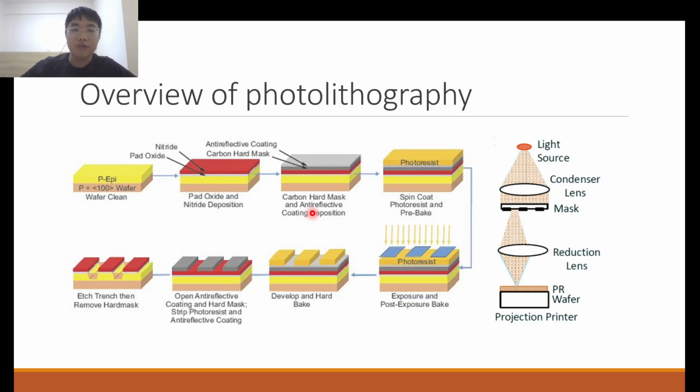Let's go into an overview of photolithography. So as I mentioned, photolithography is a way to achieve patterning in semiconductor device fabrication. Normally, certain layers are sometimes added onto the surface of the wafer.